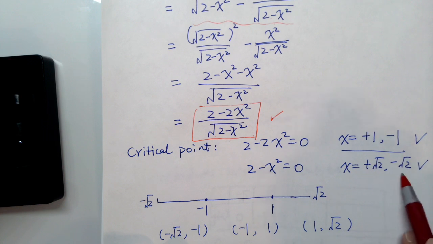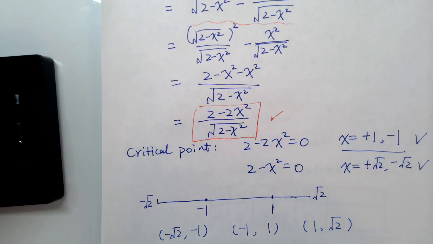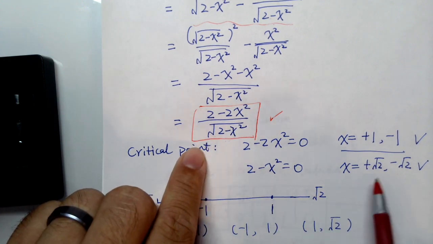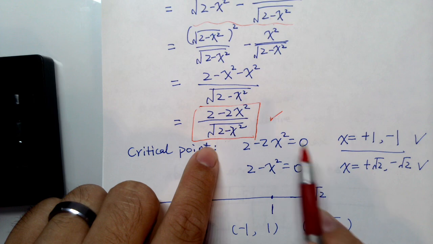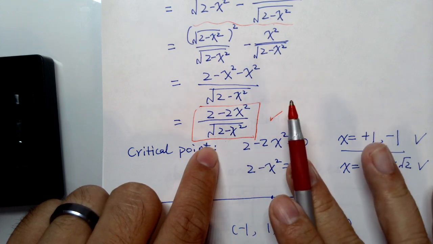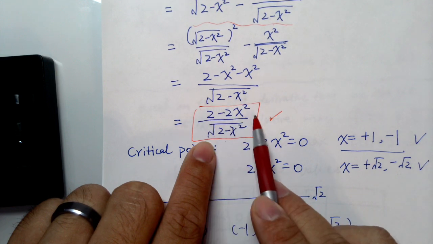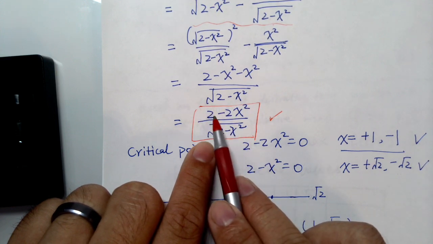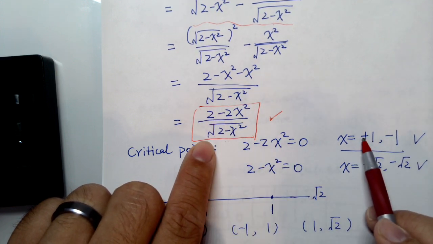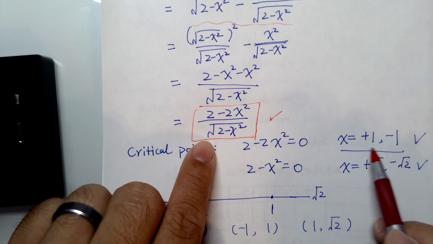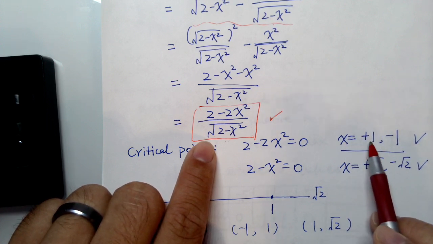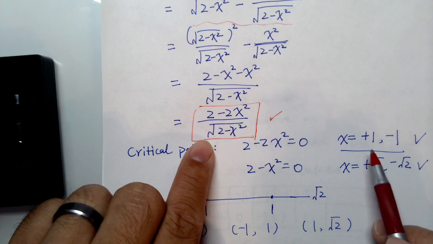Those two are also critical points or critical values, because at those two values, the derivative does not exist. Meanwhile, when you set the numerator equals 0, you got x equals 1 or negative 1. Those two values are going to make my derivative function equal 0.